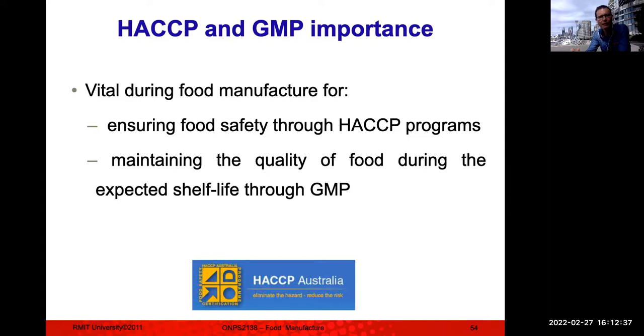And then there's a whole host of good manufacturing practice that can be applied as well to ensure food safety and maintain the quality of food during the expected shelf life.